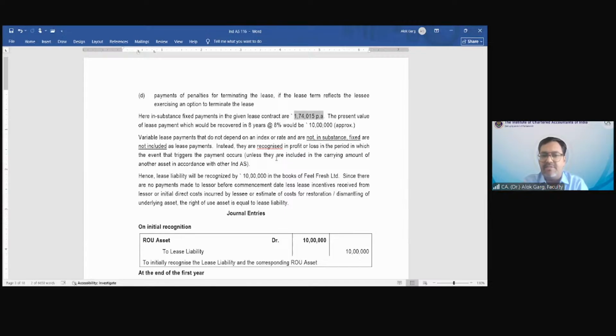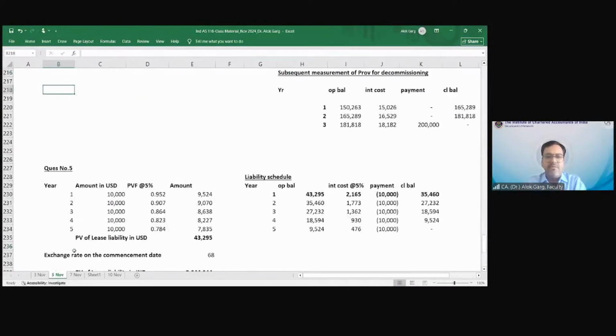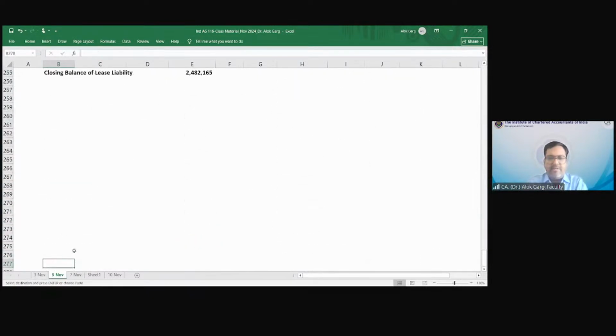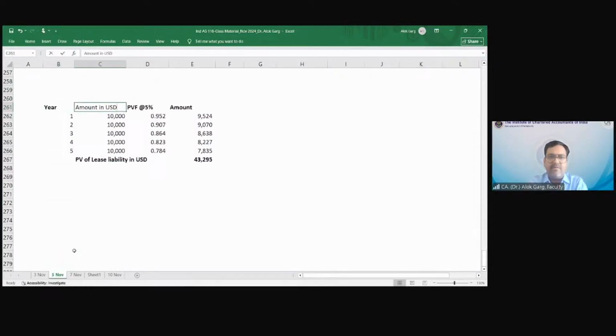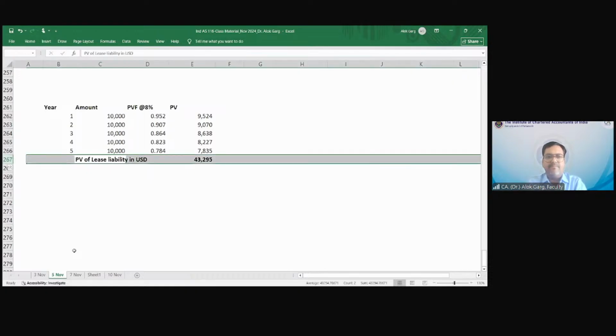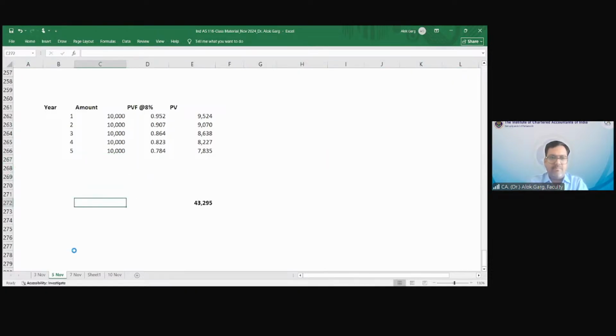Shall I compute the present value for all of you? Sir, please compute. Okay, let me compute the present value. Right of use: year, amount, present value factor at the rate of 8%, and present value.